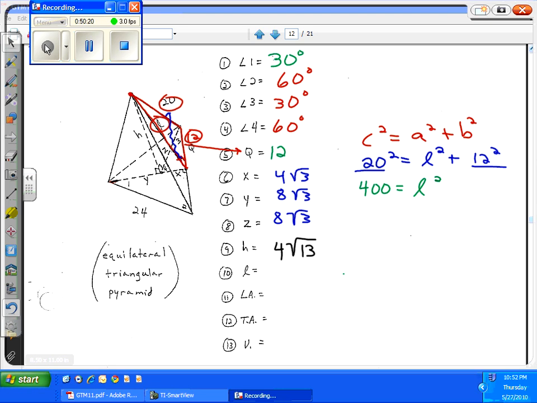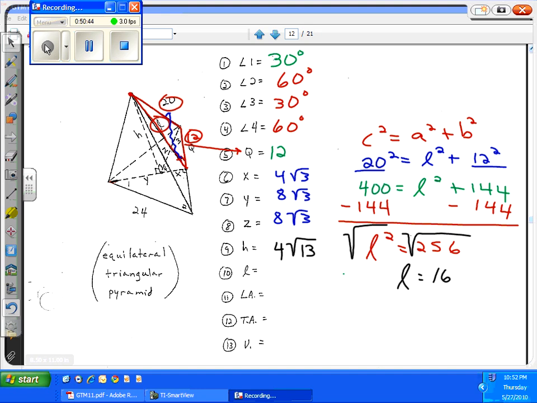We're going to have 400 is equal to L squared plus 144. We're going to undo to solve for L, so we subtract 144. We have L squared is equal to 256. We're going to get rid of the square with the square root, and we get L is equal to 16. So the slant height is 16.